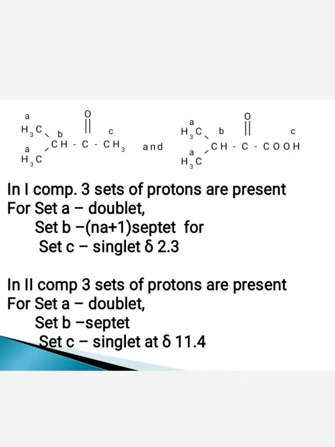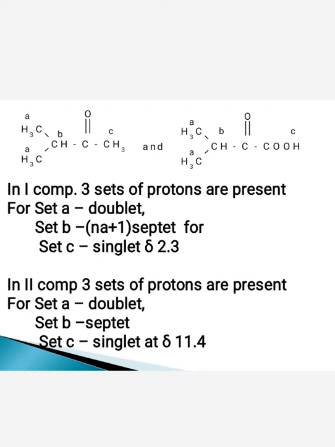Now see here, for the first compound, for A set of protons we get a doublet, for B set of protons we get a septet, and for C set of protons we get a singlet at delta 2.3.